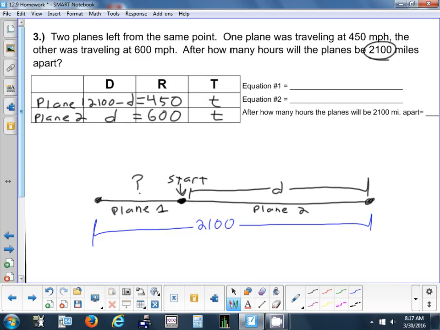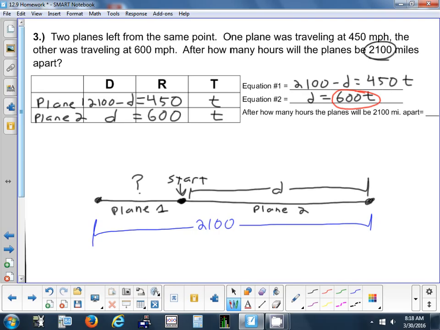Okay, let's just write them down. 2100 minus D equals 450T. Equation for plane 2: D equals 600T. Which equation has a letter by itself? Equation 1 or equation 2? Equation 2. It says D equals 600T. Do I have a D in equation 1?